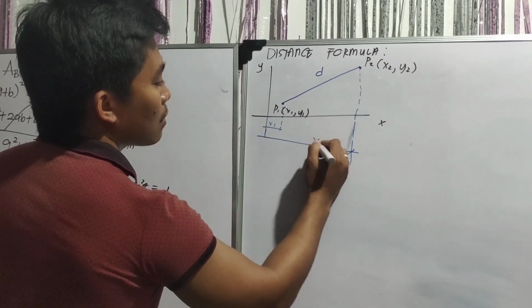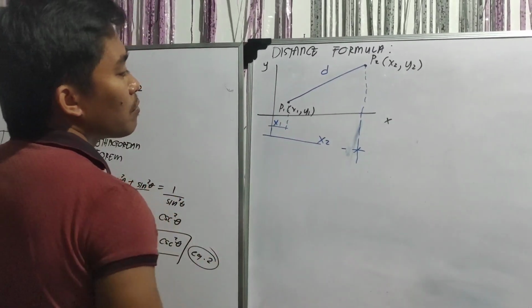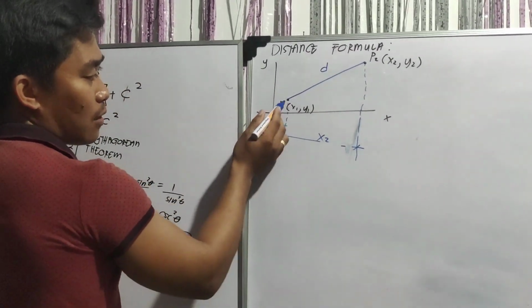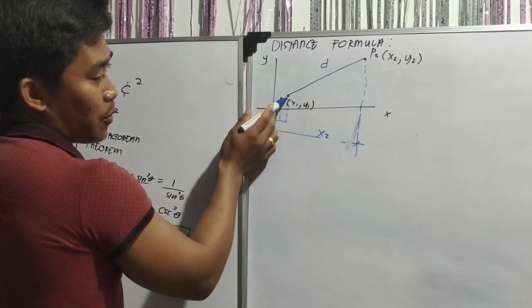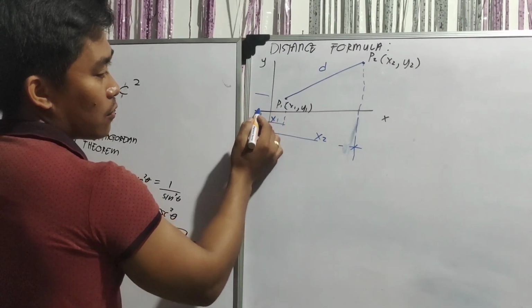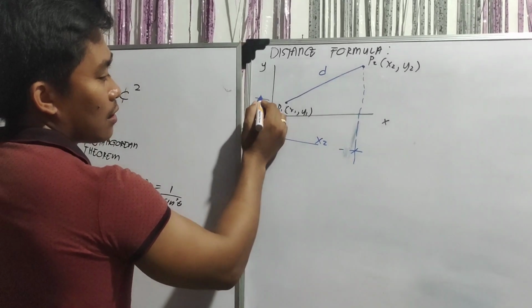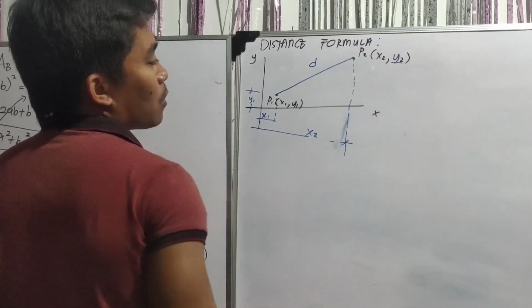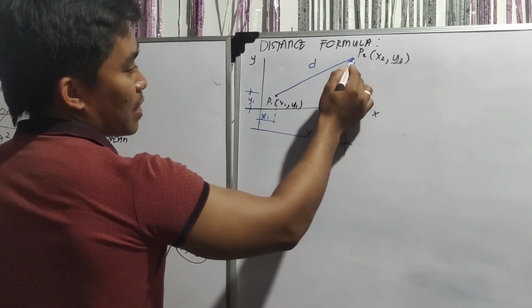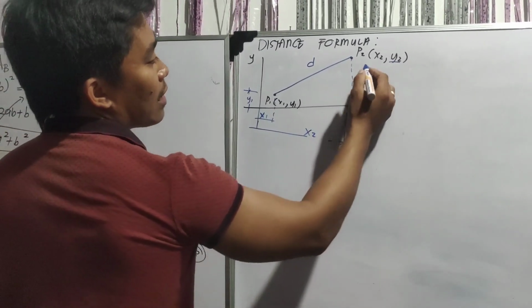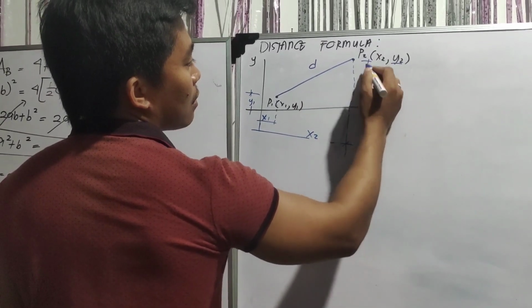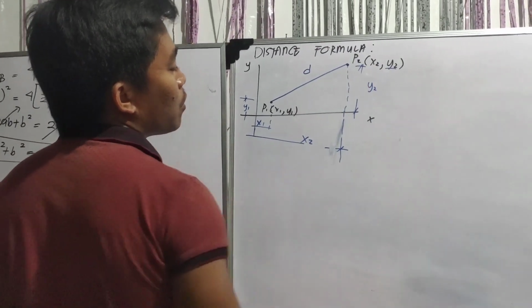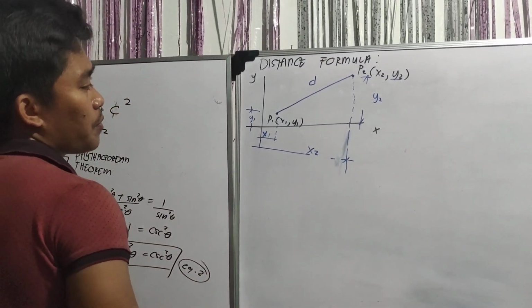So this is x2. How about this y1? Of course, y1 is just the distance of this point from the x-axis. So from here to here, that is y1. Same goes with y2. y2 is just the vertical distance from this point down to the x-axis. This is y sub 2.